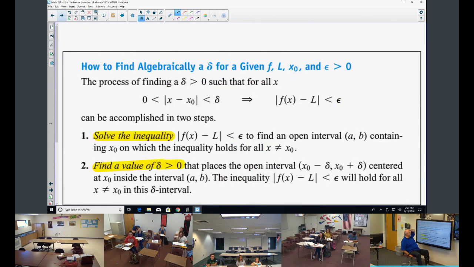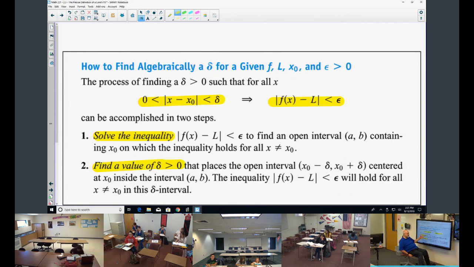Okay, so to find algebraically a delta, you use these inequalities. We wrote those down already. Then you solve the inequality with the function, and then you find a delta that will work, that will match.